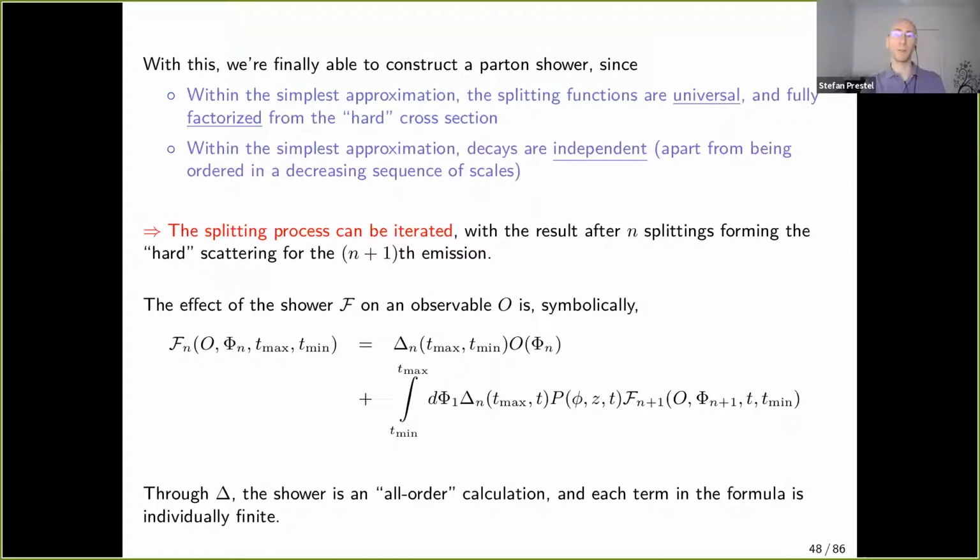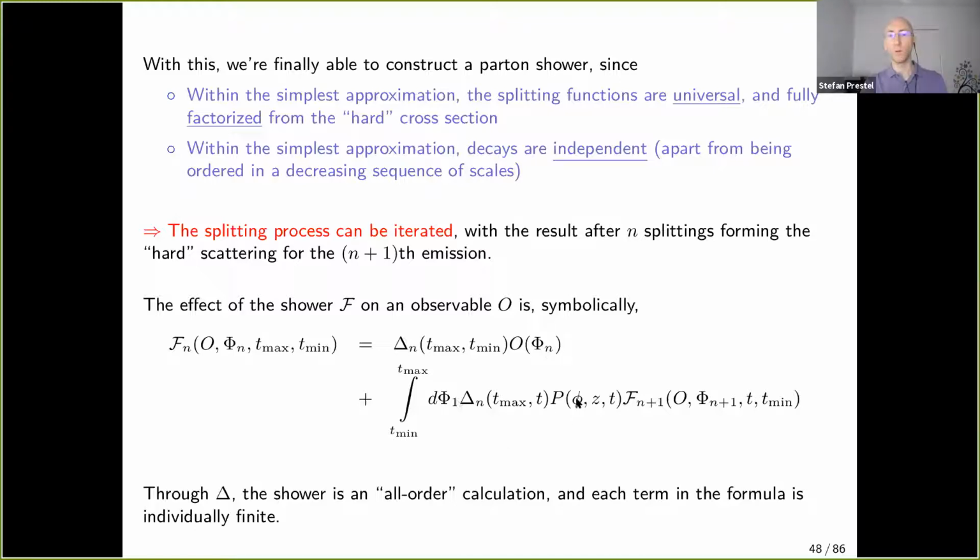The probability for this to happen is the no-splitting probability, or Sudakov factor, and the observable that you measure is still the observable with only n final state particles.